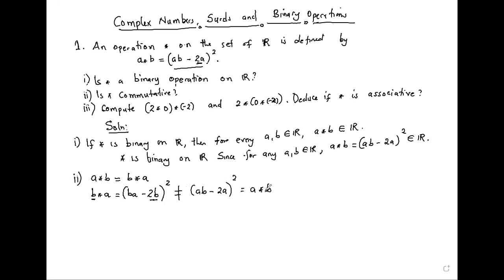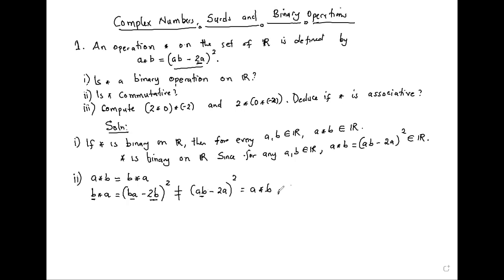They are not equal because we are subtracting. AB and BA are equal, but 2B and 2A are not equal. So we don't expect the difference to be equal even after squaring.